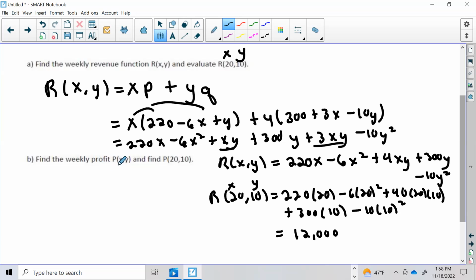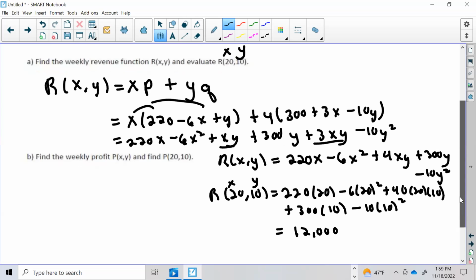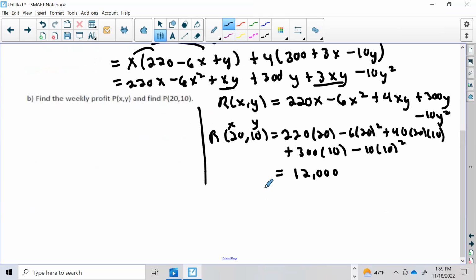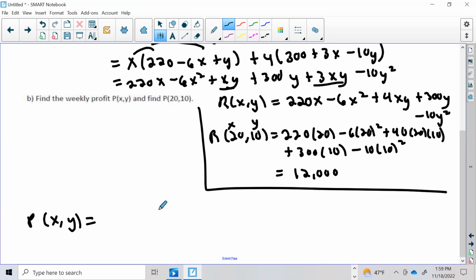Then it says find the weekly profit, P of XY, and then find P of 20, 10. Right, so profit is the same idea as what we did for a function of one variable. To get the profit, we always take the revenue and then we subtract out the cost. So we had to find our revenue function, which we did.